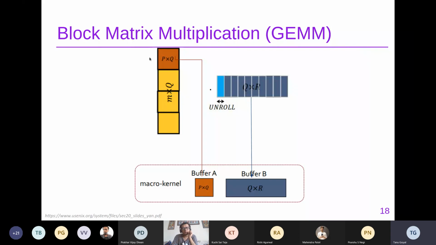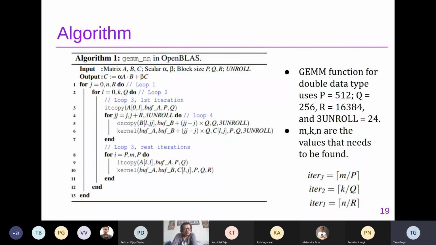We loop over these values and place them inside this buffer, and in this buffer the particular matrix multiplication takes place. And this is the overall algorithm which is being done.